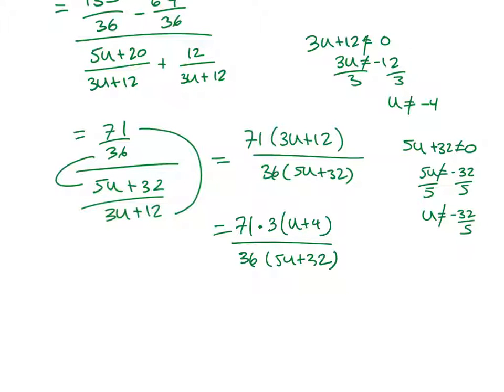Right? Now I can simplify this 36 with that 3, so this becomes a 12. So I have 71u. Now I'm going to distribute the 71 plus 284 divided by 60u plus 384.